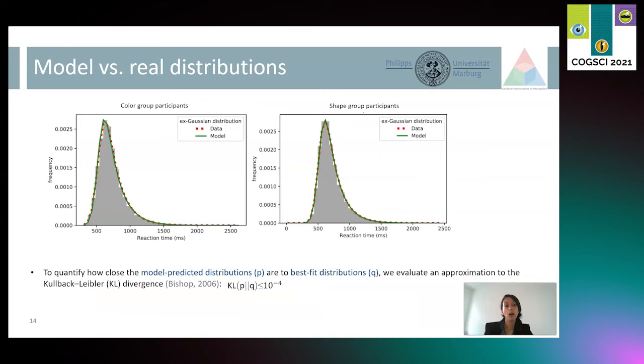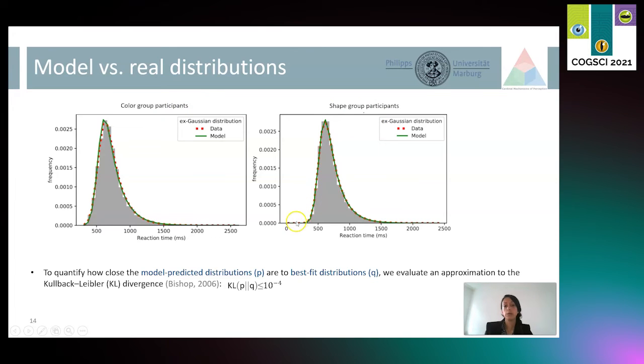To compare how close model predicted distributions are to real distributions, we plotted them here on these examples for color group participants and shape group participants.